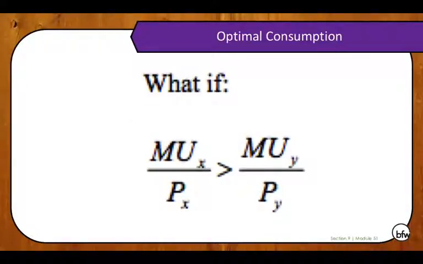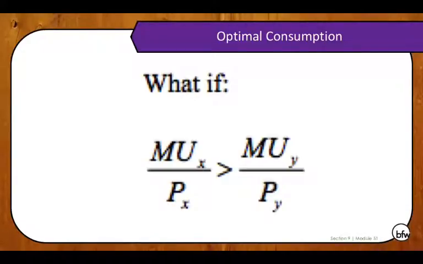Now, think about this. Why is this true? Because as long as one good provides more utility per dollar than another, the consumer should buy more of that good to maximize utility. But as more of that good is bought, because of the principle of diminishing marginal utility, its marginal utility continues to diminish until the amount of utility per dollar is just equal to that of the other good.